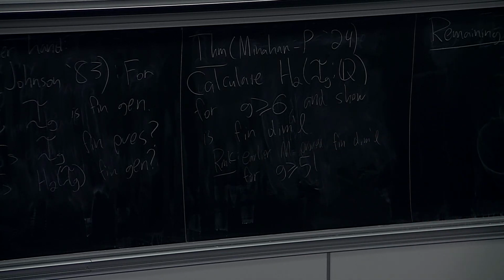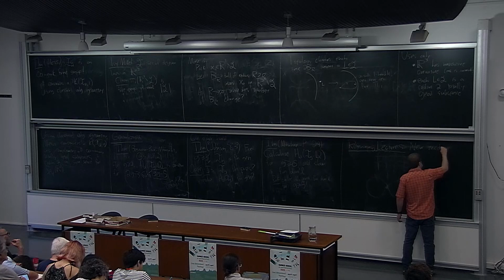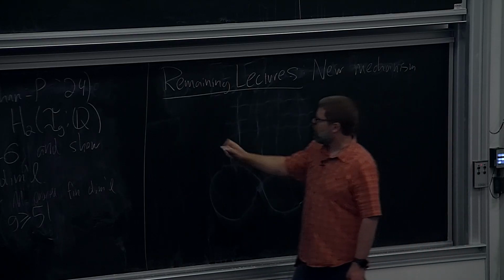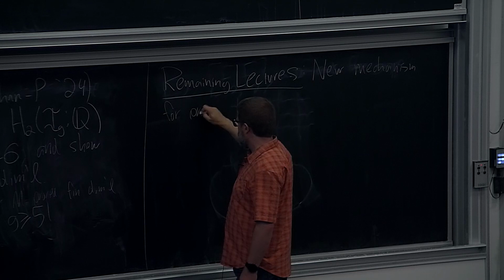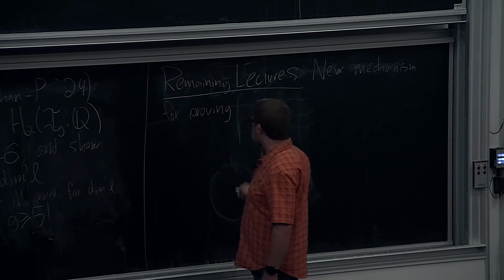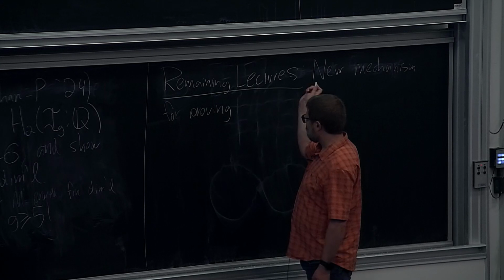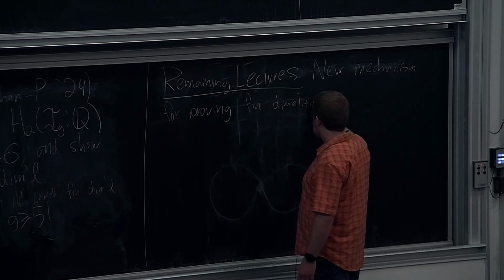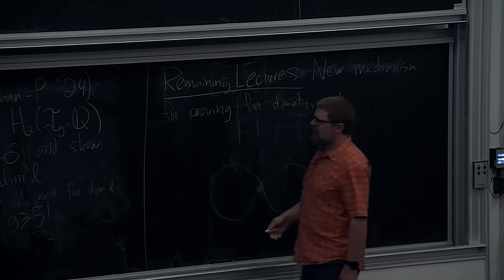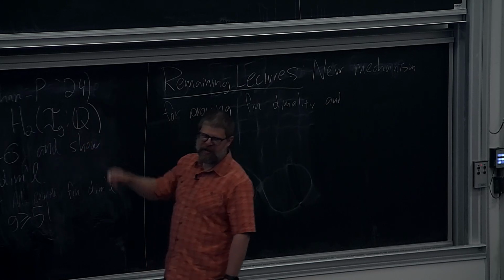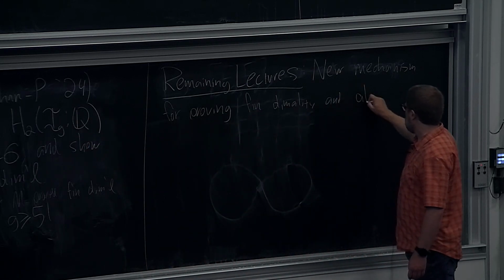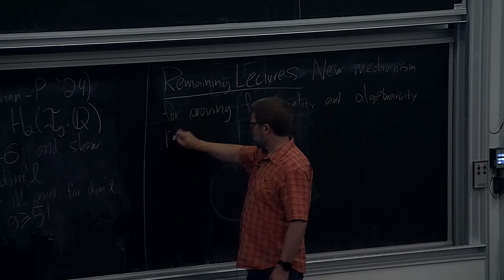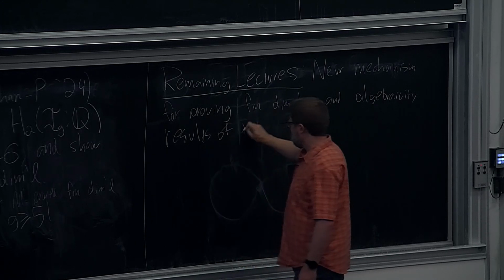So in the remaining lectures, I want to give a new mechanism for proving, well, there's sort of two things. For proving finite dimensionality, and there's another result that goes into this that's an algebraicity result, which I'll explain. So algebraicity results of this flavor.